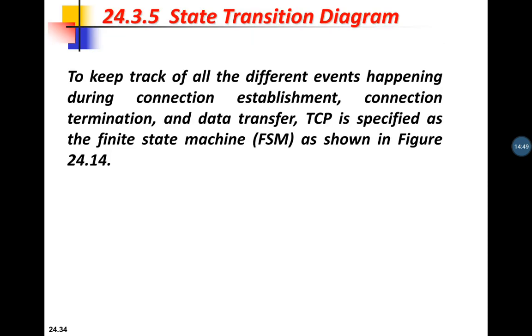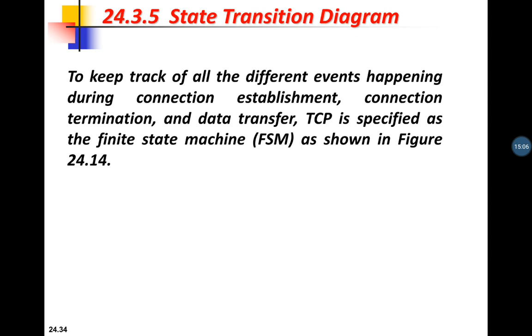Next, let us see the state transition diagrams. As we have already seen in the previous modules, whenever protocols were discussed, we also discussed state diagrams or finite state machines, which include different events.